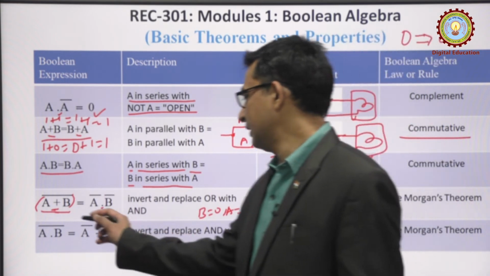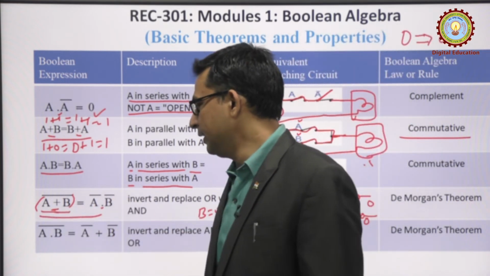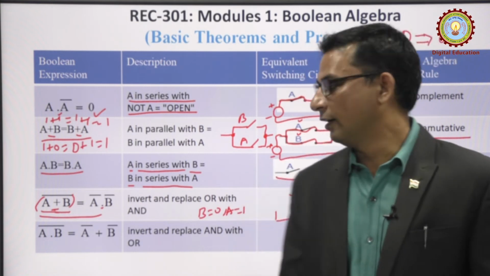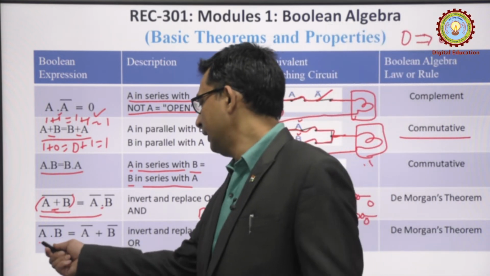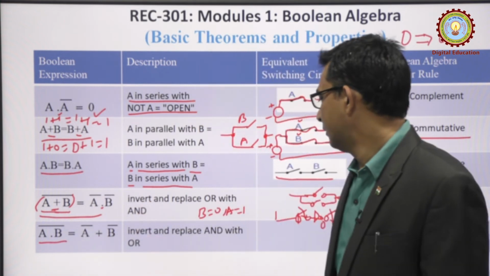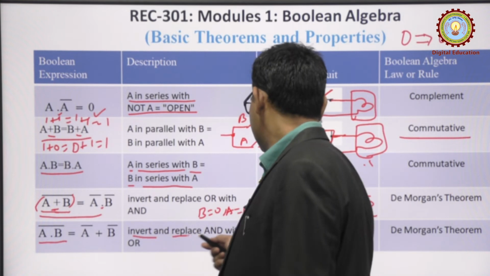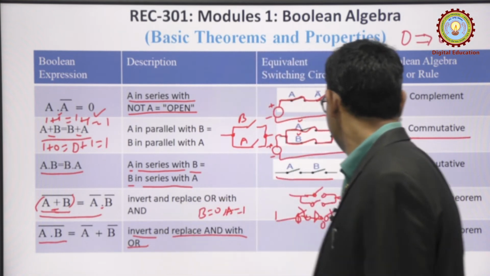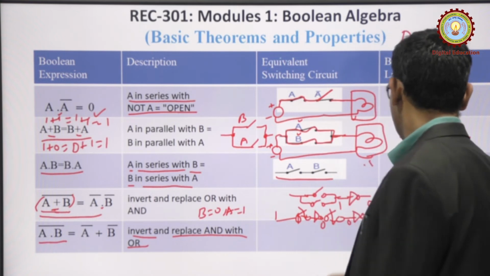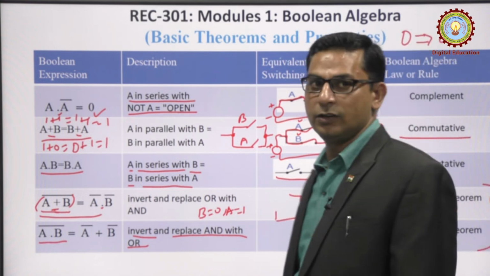So we can say that A plus B whole bar is equal to A bar dot B bar. Okay. Now the next one is A dot B whole bar is equal to A bar plus B bar. Okay, invert and replace with the OR gate. We call these two statements the De Morgan theorem.